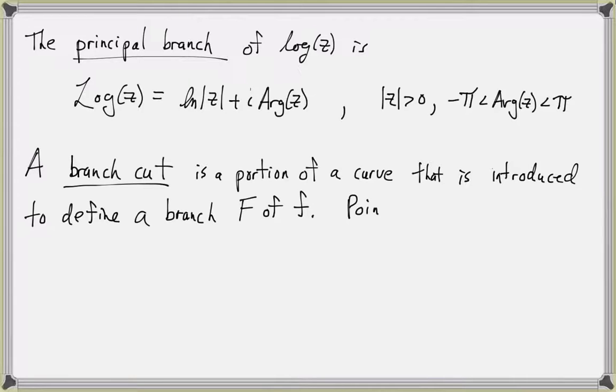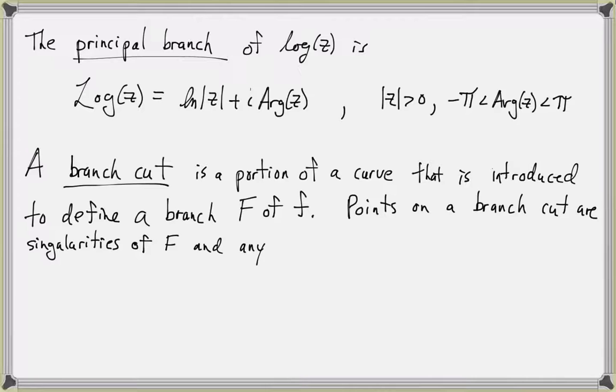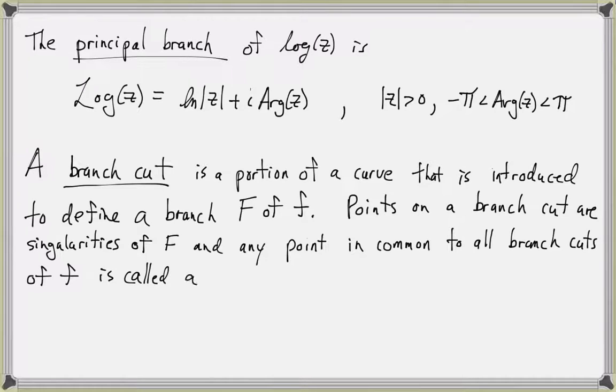So points on a branch cut are singularities of f, and further, any point in common to all branch cuts of f, any point in common, is called a branch point.